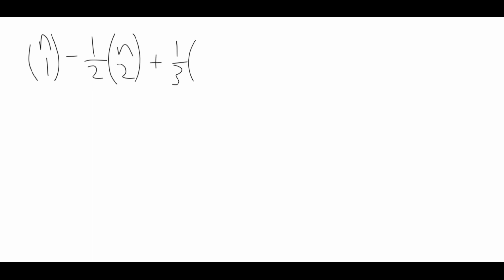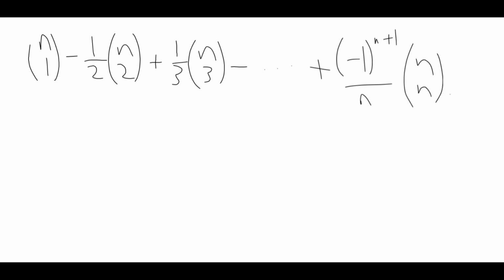Now a second identity we're going to look at looks very similar, but it's actually quite a bit trickier. So it's n choose 1 minus a half n choose 2 plus a third n choose 3, and so on, up to minus 1 to the n plus 1 over n times n choose n. This looks very similar to the previous identity. The only real difference is that rather than starting at n choose 0, we're starting at n choose 1.